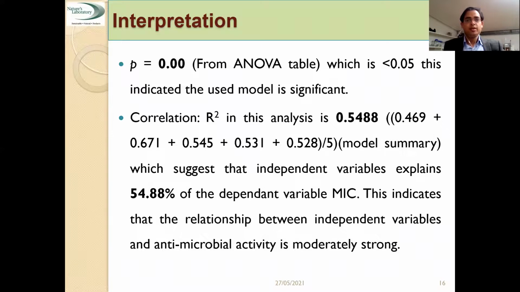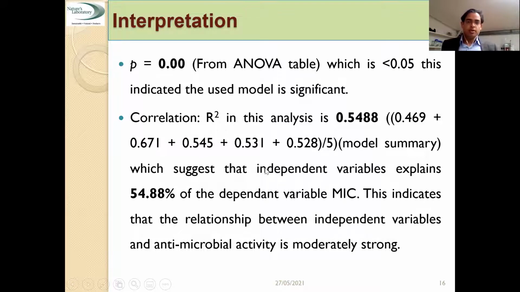And yes, finally, the interpretation for antimicrobial activity: the ANOVA table suggests that the model which we used is significant. And from this value, 54.88% of the dependent variable can be estimated by knowing the concentrations and values of the independent variables.